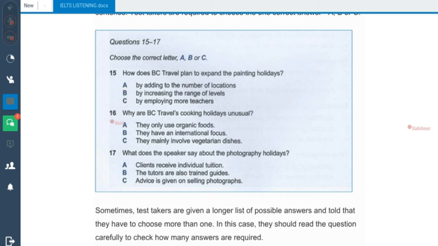Question 16 is also a multiple choice question with 3 options. Question 17 is also another multiple choice question with 3 options, and you're expected to choose one of the 3.